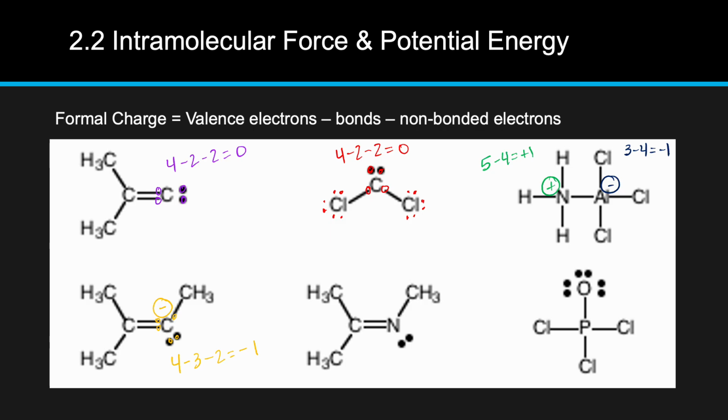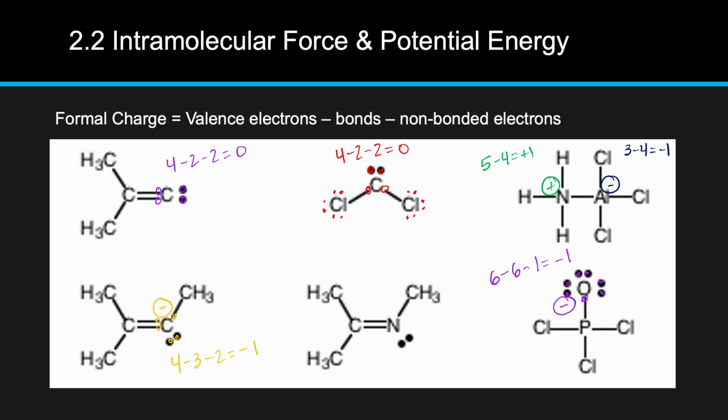And now moving on to the bottom right one, you can see our chlorines again are implying that they have those lone pairs. We're not looking at those. We are looking at the phosphorus and the oxygen. So oxygen's group 16. It's supposed to have 2 lone pairs and 2 bonds, but it does not. So we're going to calculate formal charge. So oxygen has 6 valence electrons minus these 6 non-bonded electrons minus 1 bond gives us a -1.